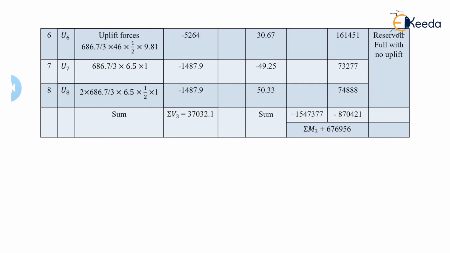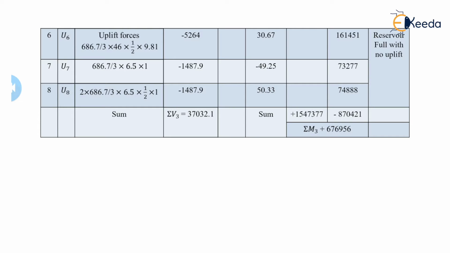Once the uplift forces act on the body of the dam, they act in the clockwise direction. Whichever force acts in the clockwise direction and resolves at the toe in the clockwise direction, that moment will be taken as negative.